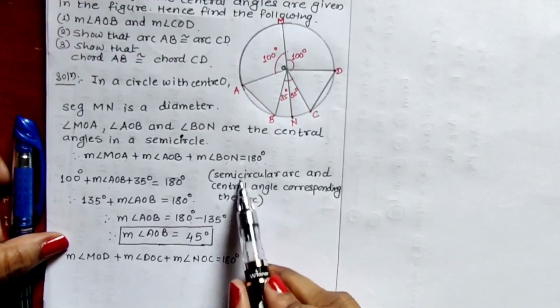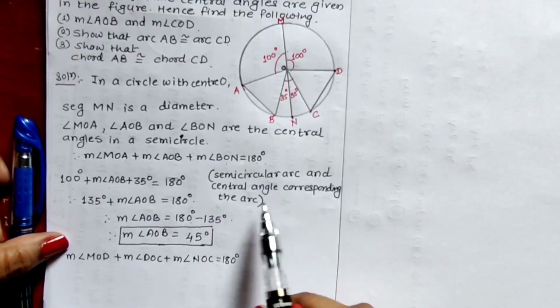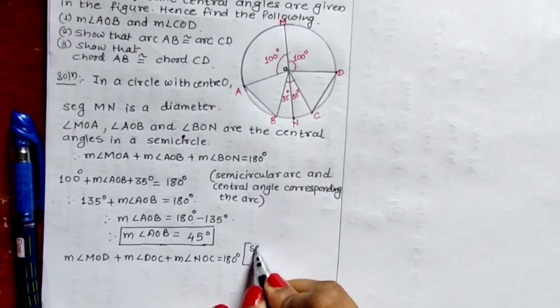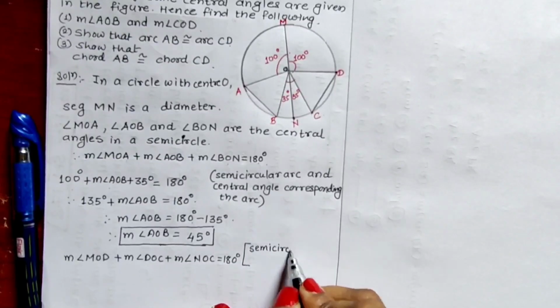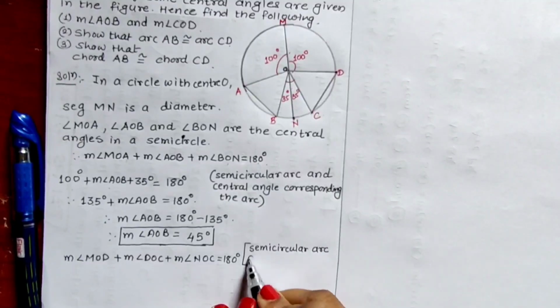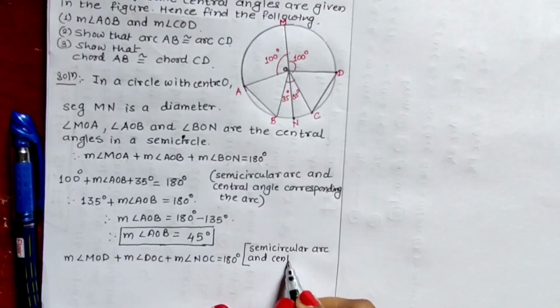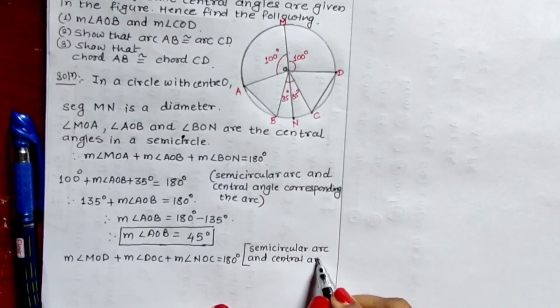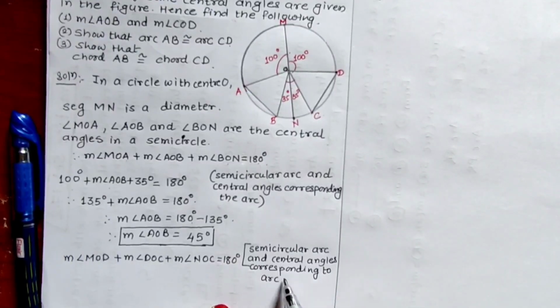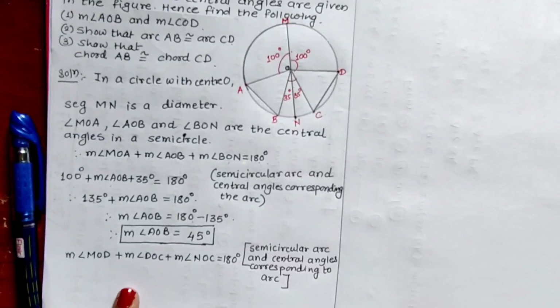The reason we will be writing is the same: semicircular arc and central angles corresponding to arc.